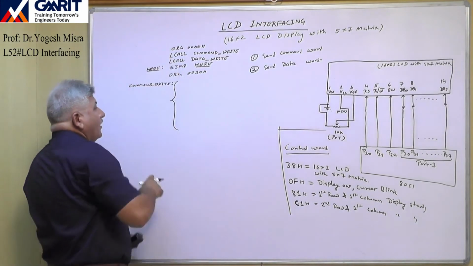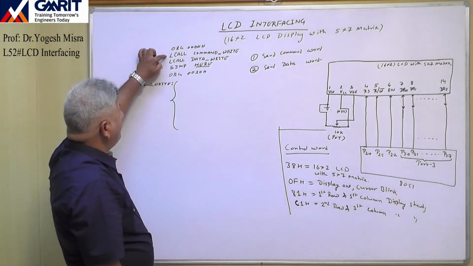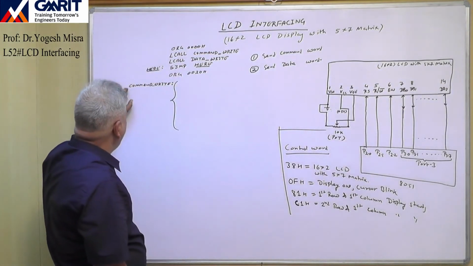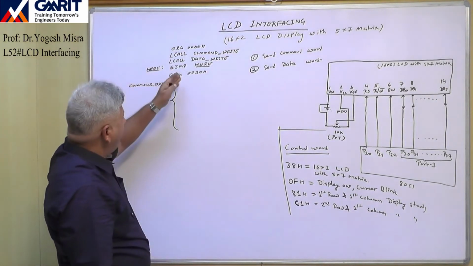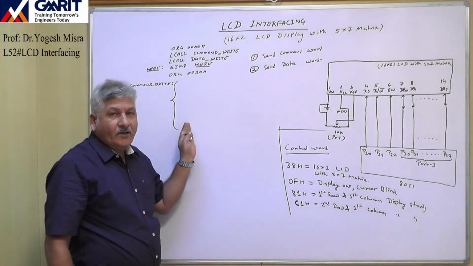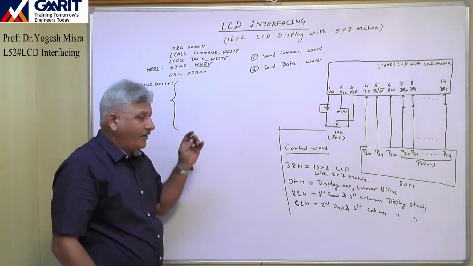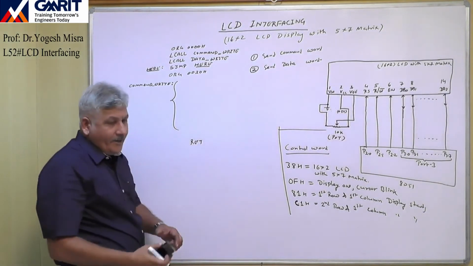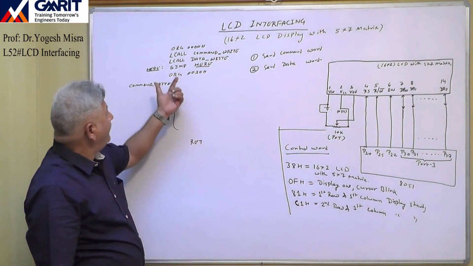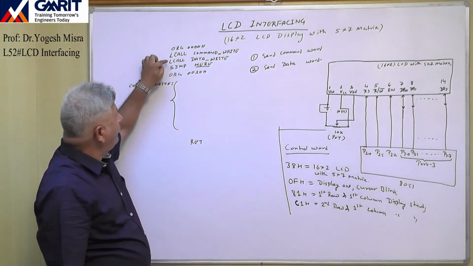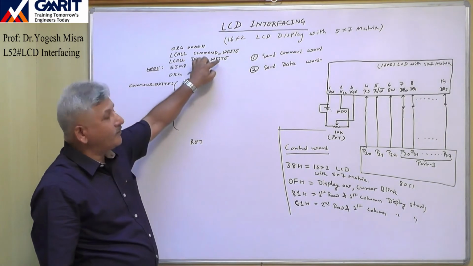So first our controller will execute the lcall command_write instruction. The controller will come to this label. Here the controller will find the instructions to write the command word. Once all the command word has been written, in the last I will write the instruction RET. The RET instruction will go back to the main program after lcall. After that lcall we have written lcall data_write.